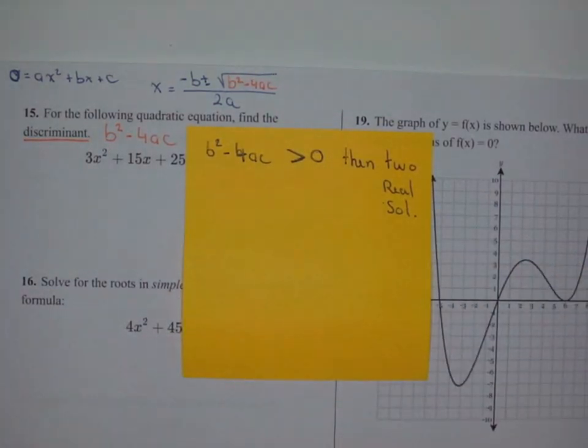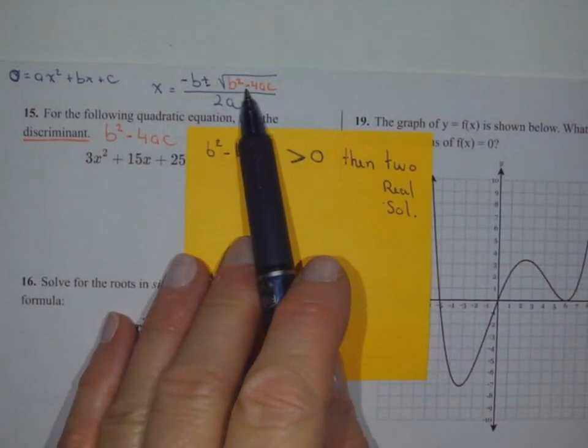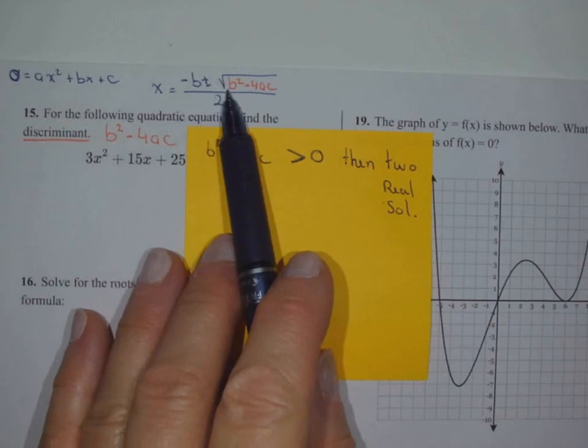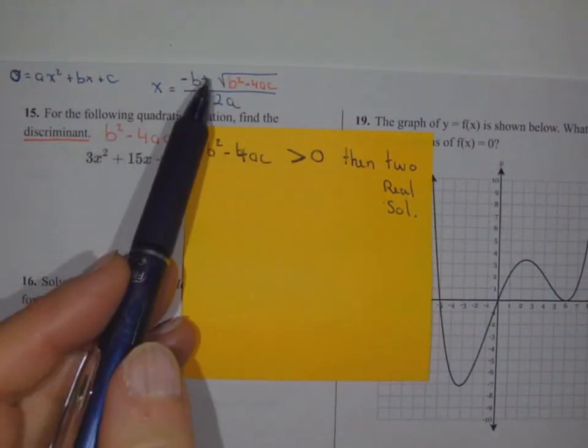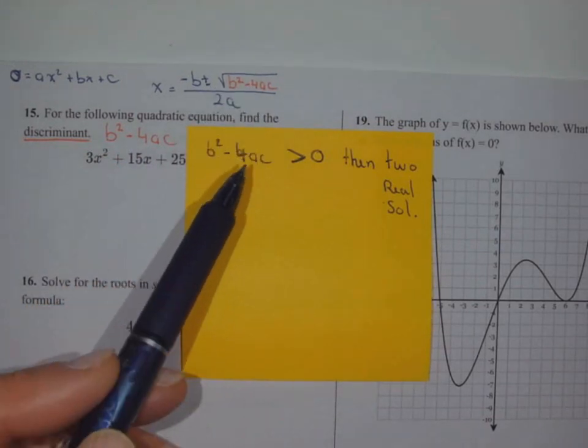Because if I have a positive number underneath the square root, I can take the square root of a positive number no matter what and get a plus or a minus real number.